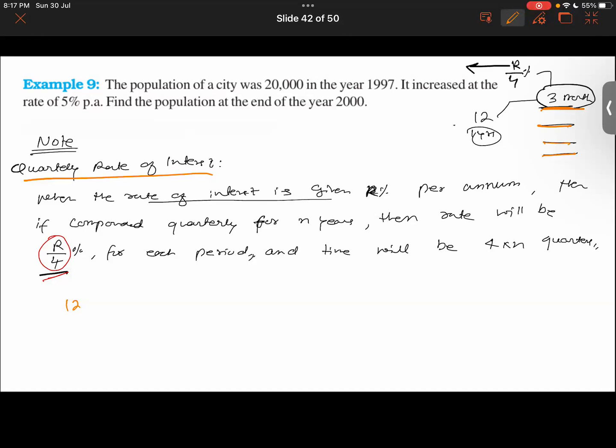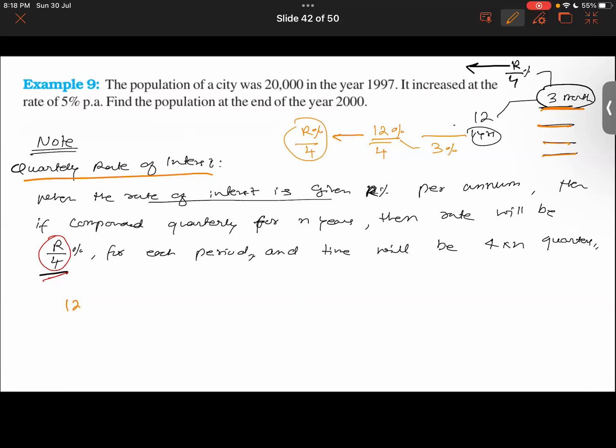So let's say the bank was charging you 12% for 1 year. What would be the rate of interest charged to you on a quarterly basis? It will be simply 12 upon 4%, that is 3%. So if this was R%, the quarterly rate of interest would be R% upon 4. Got this or not?